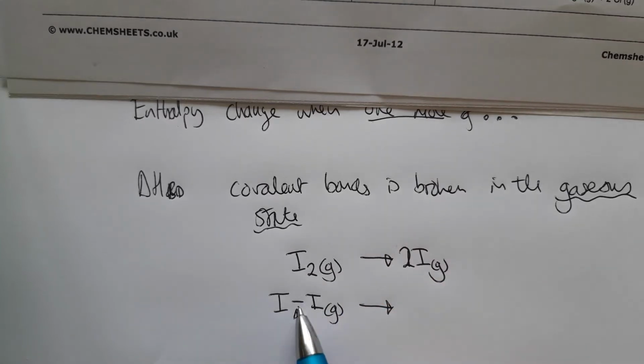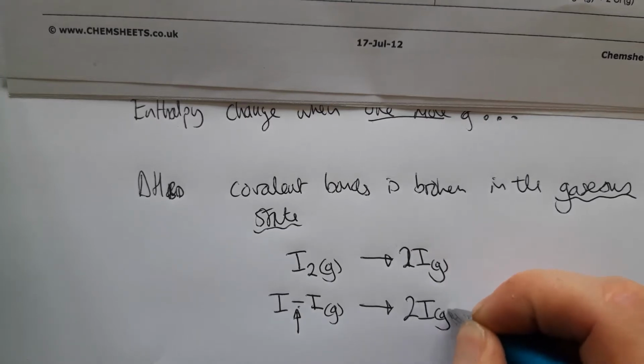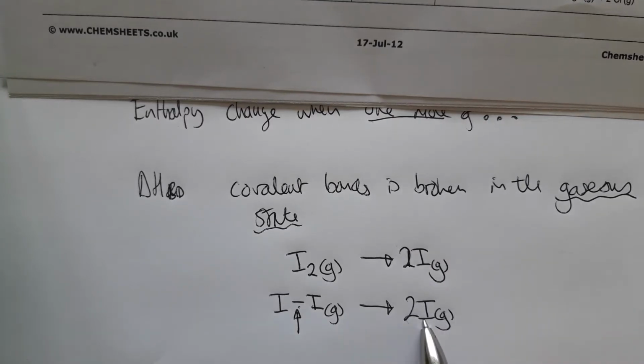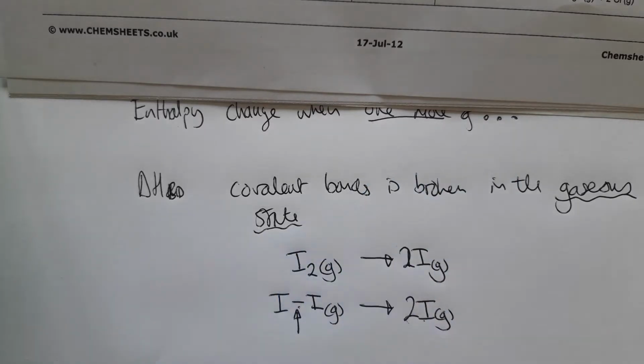If you've got a mole of I2, you've got a single mole of bonds to be broken. So even though you make two iodine atoms, you have broken 1 mole of covalent bonds. That requires a little bit of thinking about.